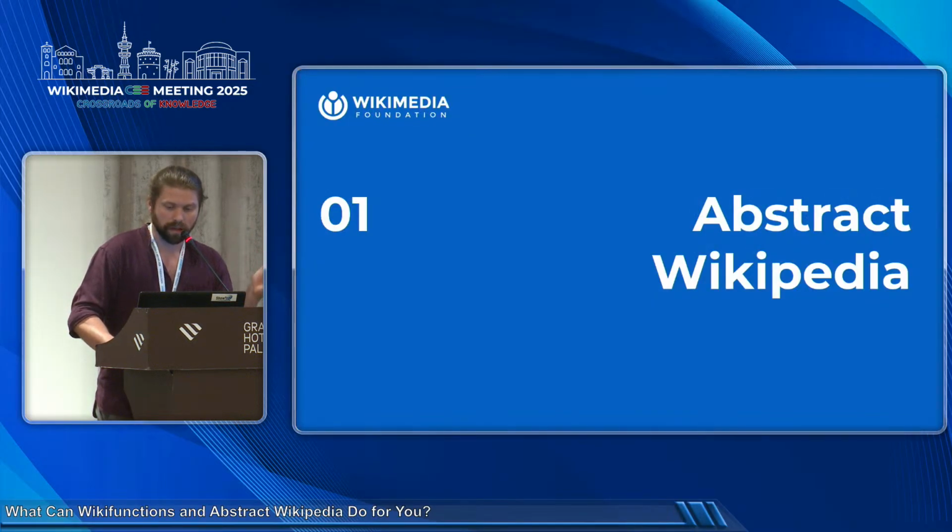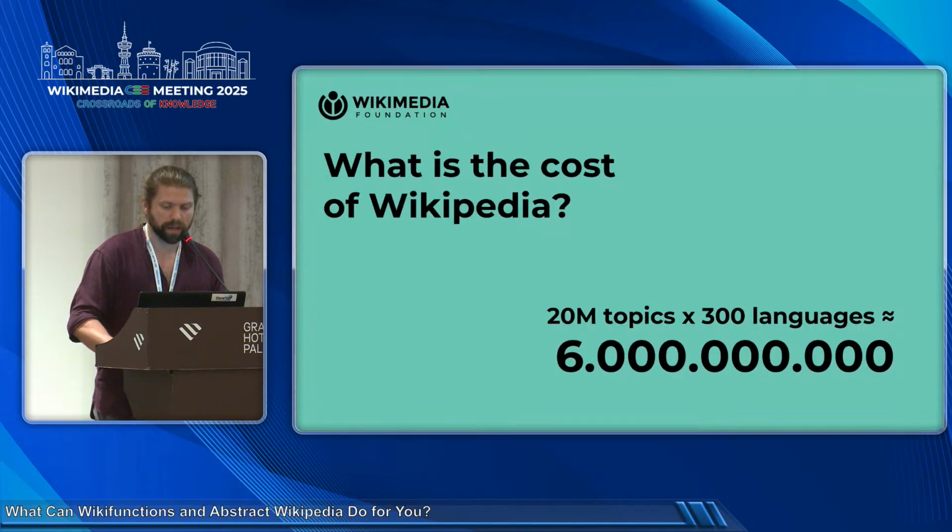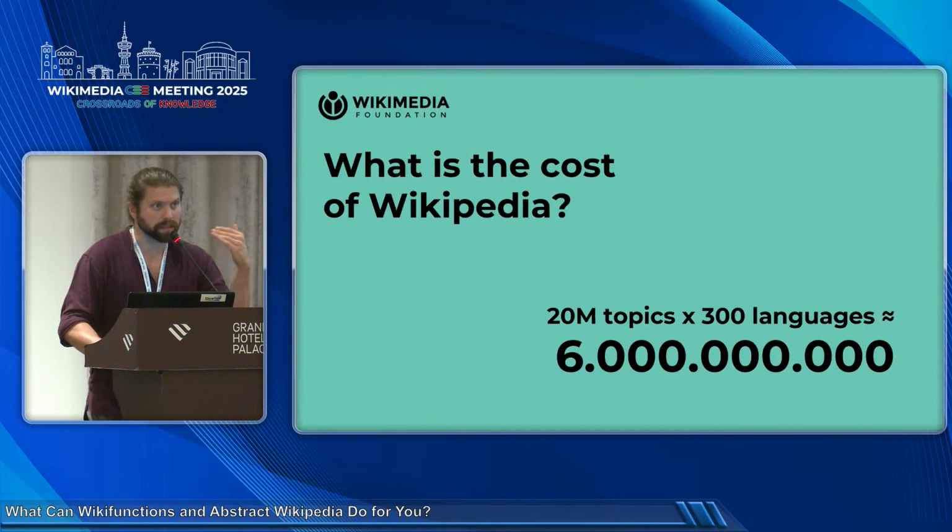So, Abstract Wikipedia. Abstract Wikipedia has the goal of generating content using Wikidata, and for that content to be available in any language. So the motivating statistic here is if you look at Wikipedia, there are about 20 million different topics, as in there are about 20 million distinct articles.